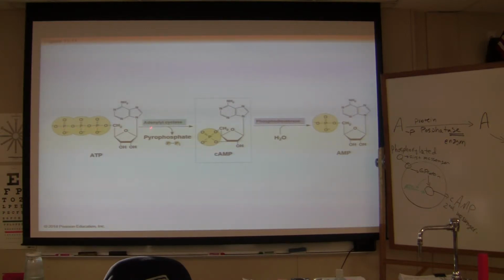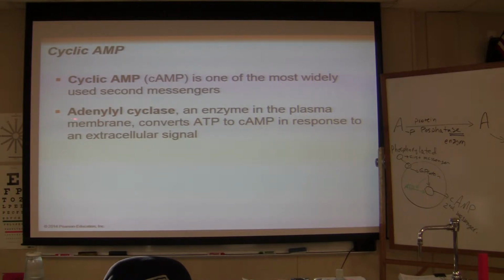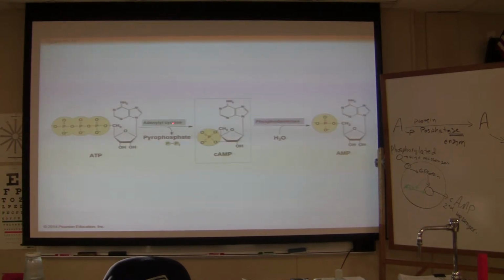And then adenylyl cyclase, the enzyme that I mentioned right here, converts this molecule to cyclic AMP. They call this cyclic AMP. You have a phosphate, and you have a ribose, and you have adenine, and then of course cyclic AMP, with the help of an enzyme, can become AMP.